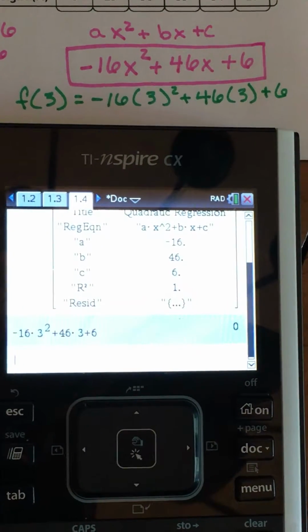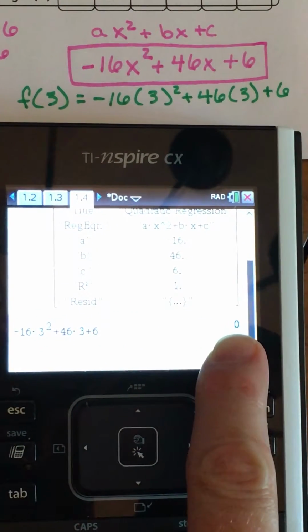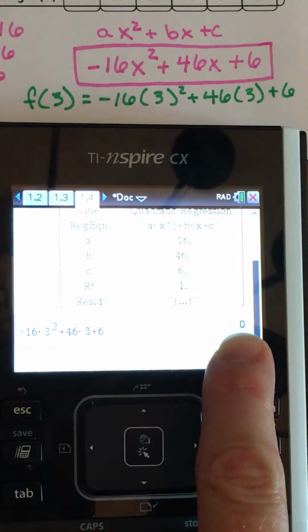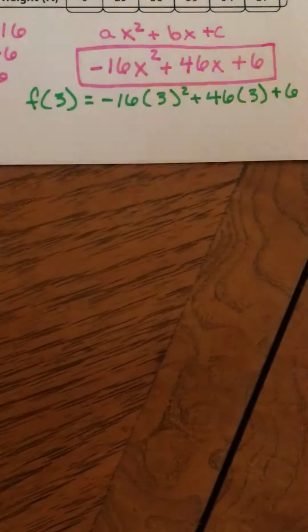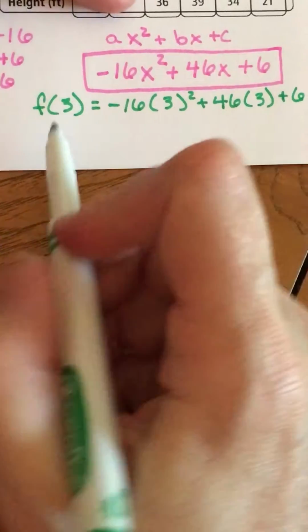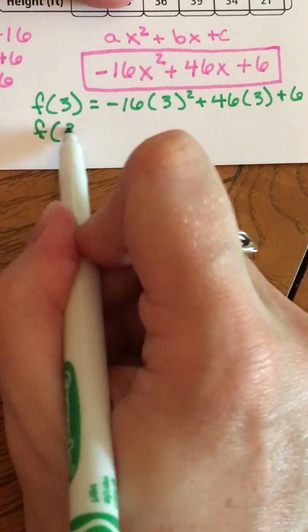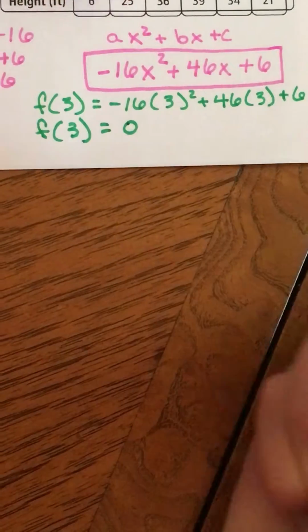Push enter. Hey, I hit the ground. At 3 seconds, this ball came back down and hit the ground. There we are. So F of 3 equals 0.